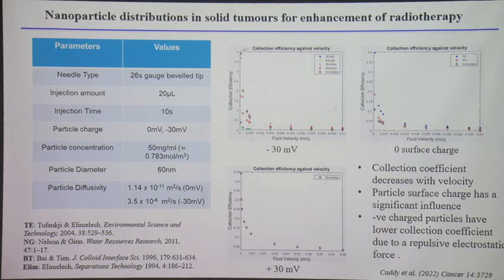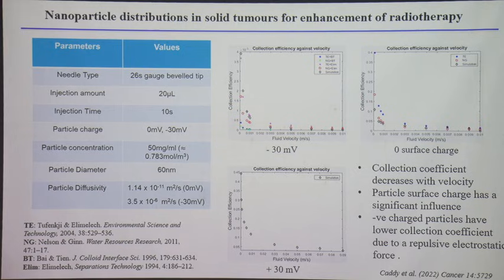For the positively charged nanoparticles, this scale goes to 0.45, and for the no charge particles, the scale goes up to 0.4. Whereas for negatively charged nanoparticles, this scale is actually very small. So in terms of the magnitude of collection coefficient, negatively charged nanoparticles have the smallest, the lowest deposition rate.